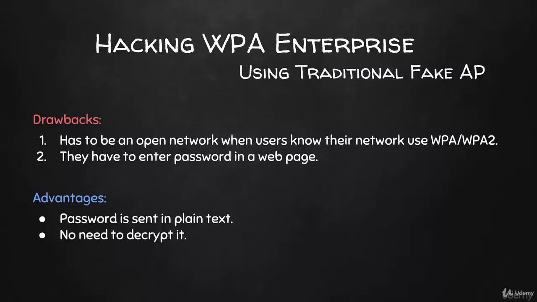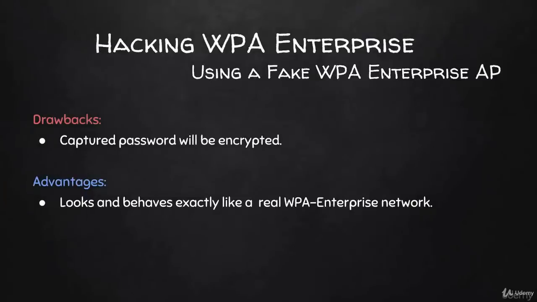I covered each aspect of running this attack so that you can adapt it to any scenario. And this is a perfect example where you can't use tools like Fluxion and Wi-Fi Fisher, and you'll have to do it manually, and I covered how to do it manually before. That's why I'm going to be covering the more advanced method in this lecture.